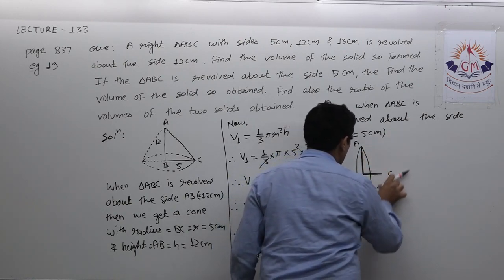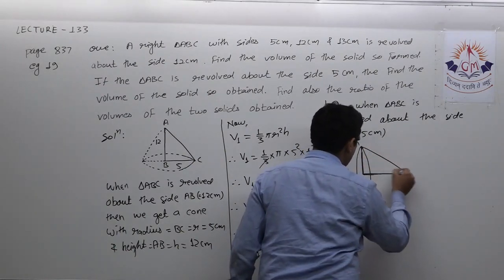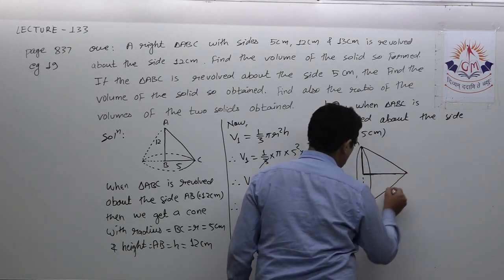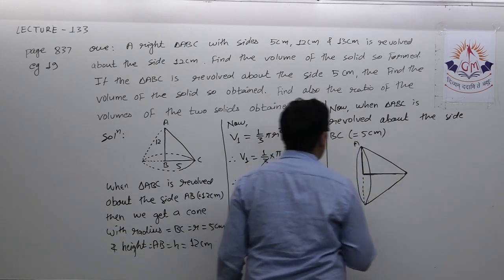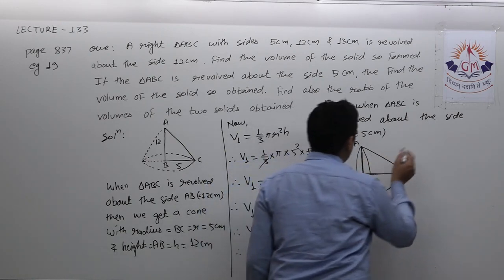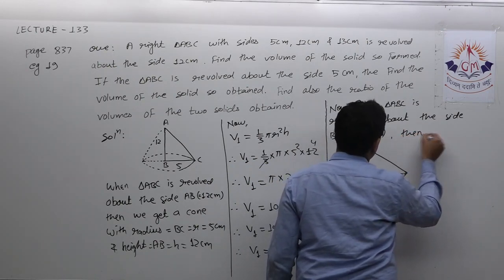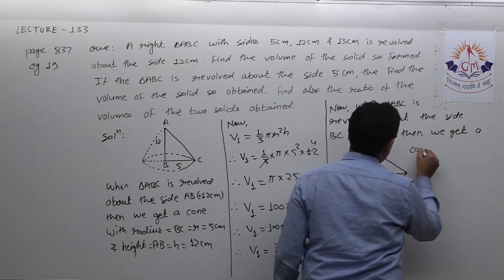If you want to get it in a better way, take a little bit in this way. Get a cone in this way. So about the side BC, then we get a cone.